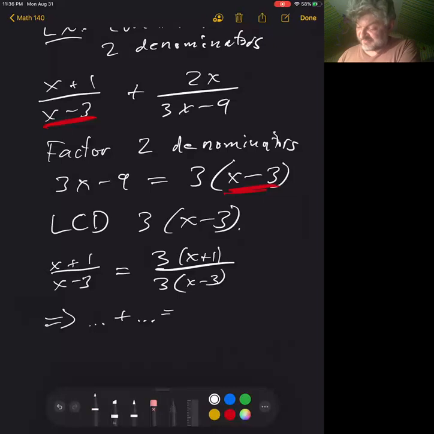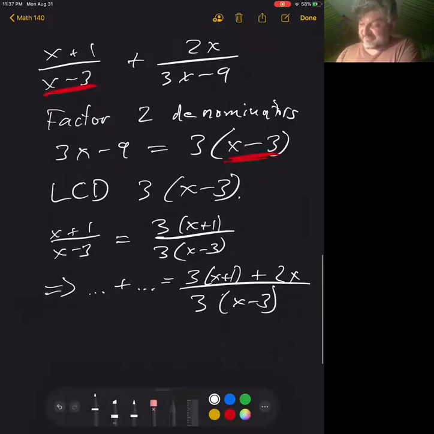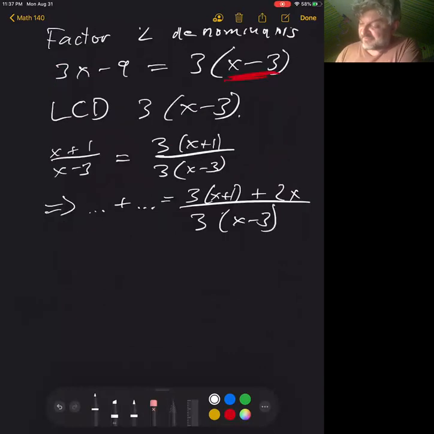And we get the answer, 3 times x plus 1 plus the 2x, and divide the whole thing by 3 times x minus 3. Yes, it should be simplified. That's what they wanted us to do.